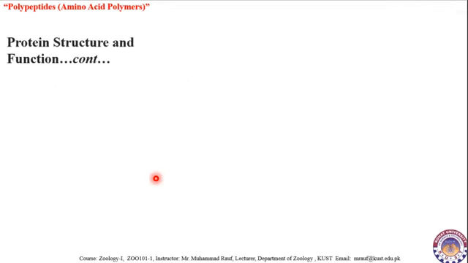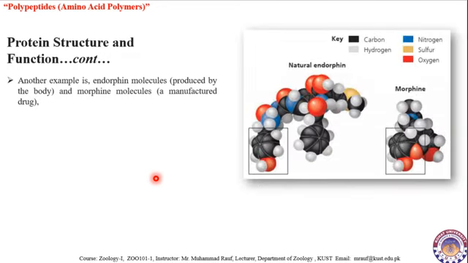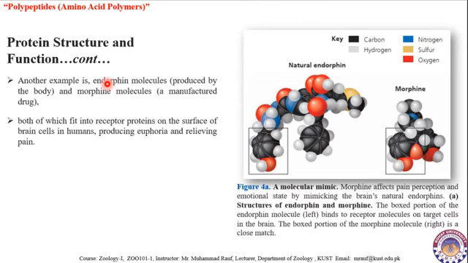And yet another astonishing example is endorphin molecules. Endorphin molecules are produced by the pituitary gland, and these endorphin molecules attach to the pain receptors in the brain, and as a result the person feels relaxed and the pain is relieved.